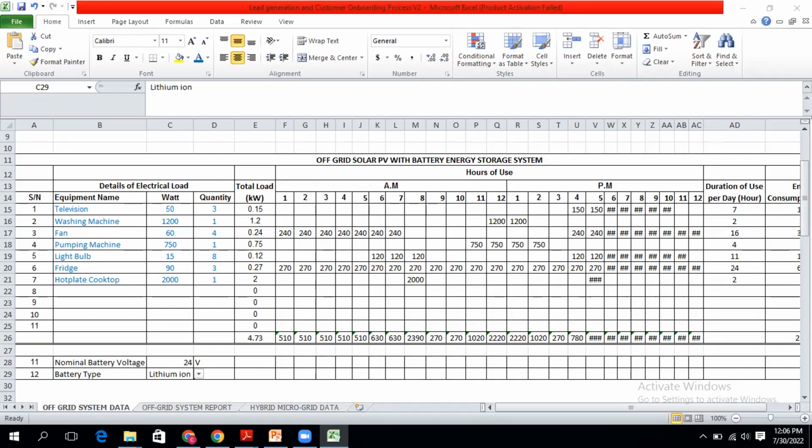Some choose 6-volt batteries, which usually have high amperage, like 1020 amp hour. It all depends on the dynamics.